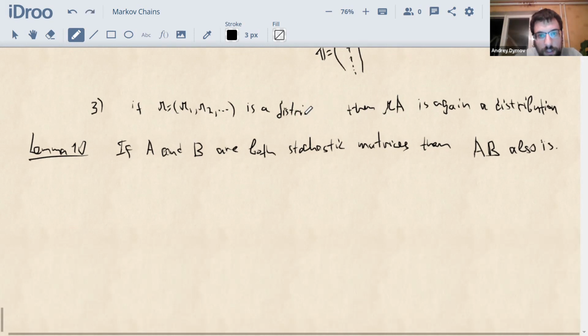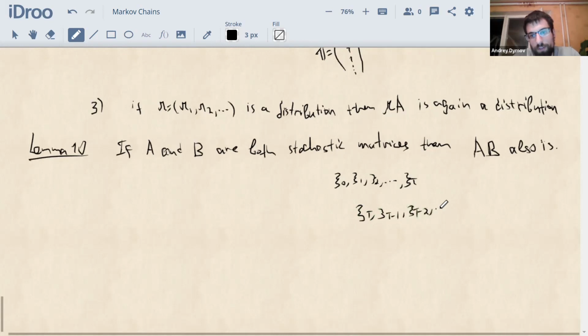Concerning the inverse matrix, this is a very good question. It is related to one of the problems I suggested you to solve. And if you have taken a look at these problems, there was one, the following: if you have a Markov chain xi0, xi1, xi2, etc., say till moment of time t, then what can we say about the inverse sequence of random variables?